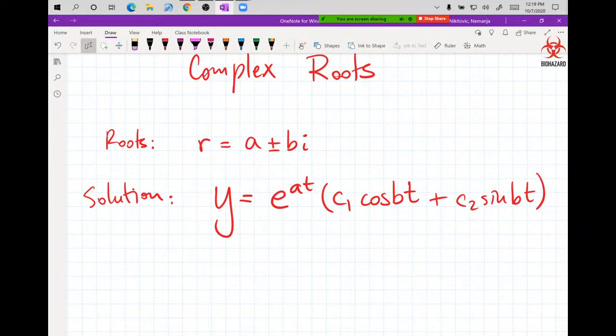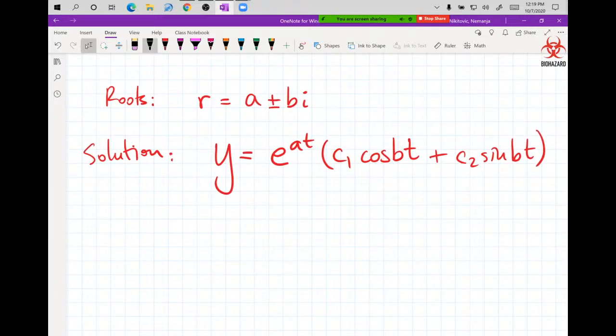Now, the derivation for this uses Euler's formula, e to the i theta equals cosine theta plus i sine theta. And those calculations are obtained also from the characteristic equation where you cannot factor. An example of this would be what we call the wave equation, y double prime plus y equals 0. This is a two-dimensional wave equation because the solution is going to end up being a trigonometric wave.